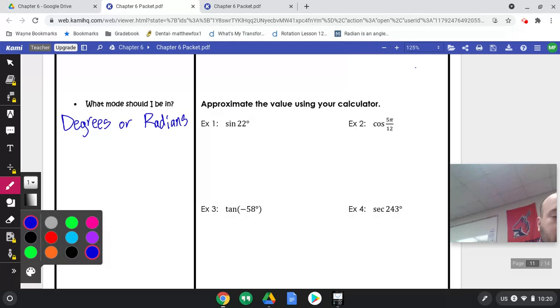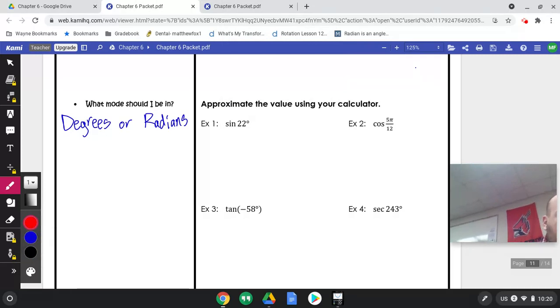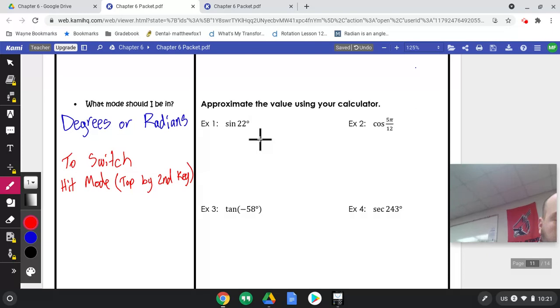So once again, I think it's important we take some notes on that. If you are not super familiar with the calculator, which I think most of us are not, so to switch, we hit mode. And if you're not sure where that is, it's the top by the second key. So if you know where it's at, you don't have to write this, but it's top by the second key. Then, it's the third one down.